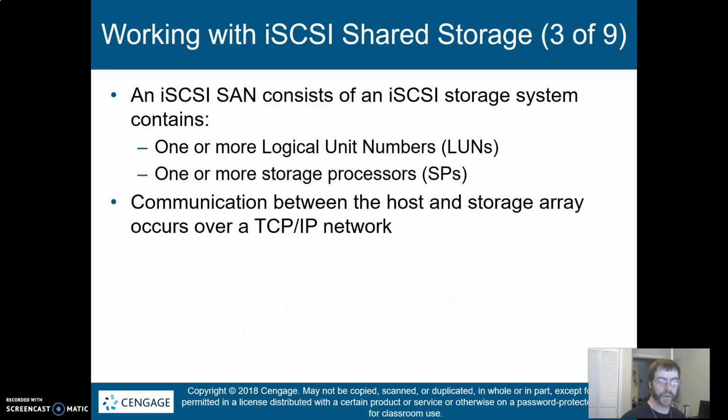Okay, so with an iSCSI SAN, there are some basic moving parts here. One of these is the storage itself, logical unit numbers, or LUNs. The other piece of that puzzle is your storage processors, your SPs.